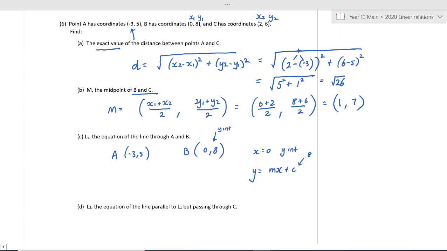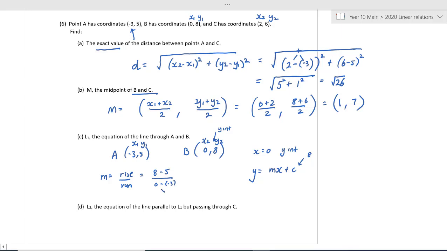Let's go at it now, though, and let's find the gradient. We know that the gradient is the rise over the run. And of course, you don't need to write it like that anymore because we can say x1, y1, x2, y2. So let's do the rise. Well, it's y2 minus y1, 8 take away 5, and x2 take away x1.